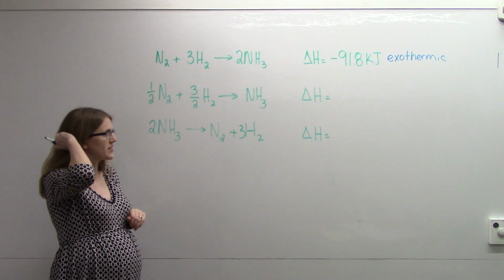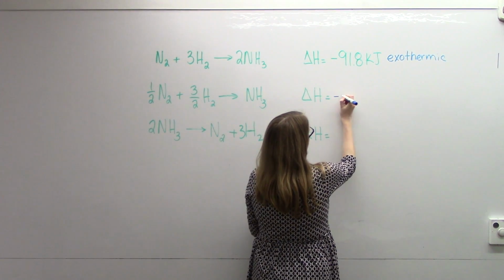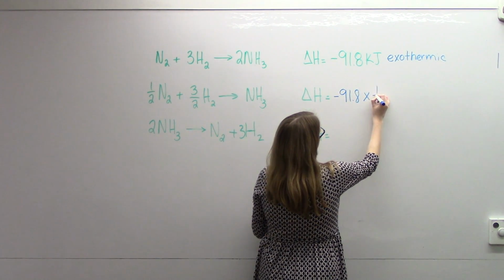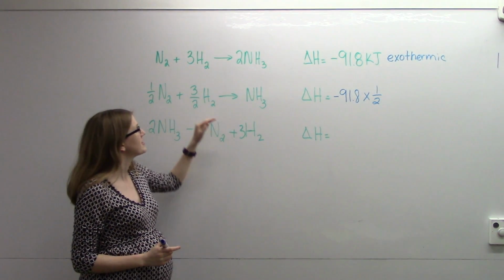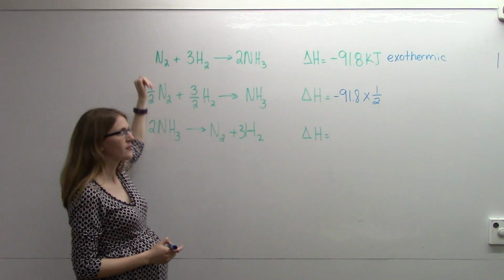So what do we do to get the delta H of this reaction? We take the initial delta H and we multiply it by 1/2, or we divide by 2. Why? Because this one is exactly half of this one.